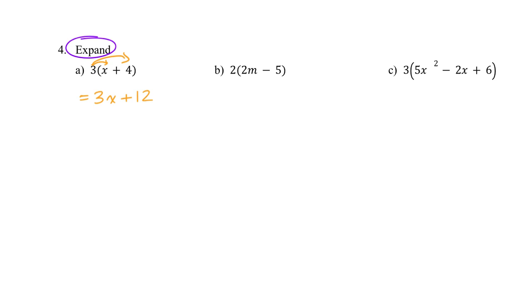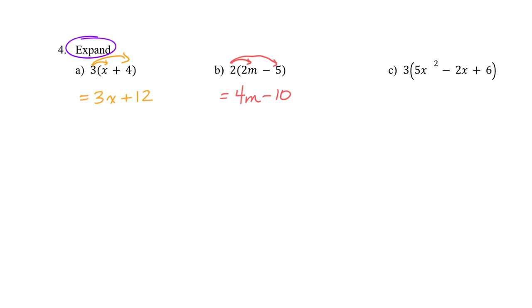Okay, we're back. So we should be good. We cannot do the subtraction on the inside, so we are going to expand. 2 times 2m is 4m. 2 times negative 5 is negative 10. There we go. If we came up with that, we are good. Nice. Okay, one small thing.